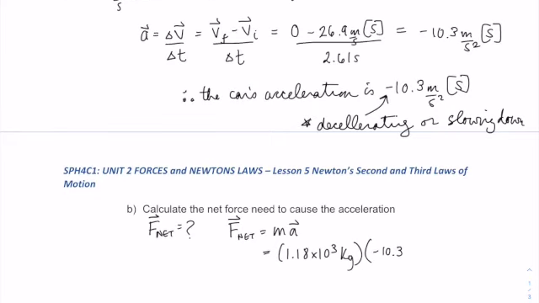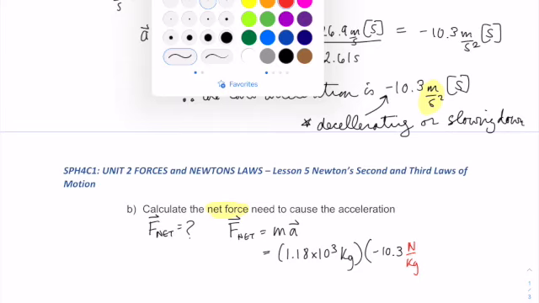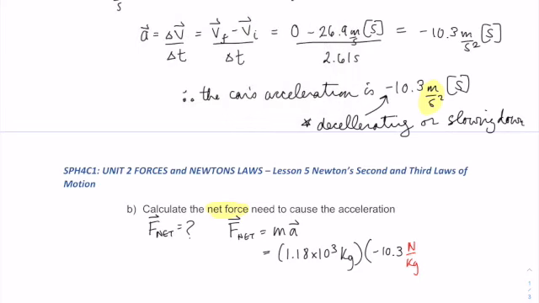And then watch what I do here. Instead of writing meters per second squared for the acceleration, because I'm dealing with forces and I want to calculate the net force, I'm going to use newtons per kilogram as the unit for acceleration, because remember, meters per second squared and newtons per kilogram are equivalent.